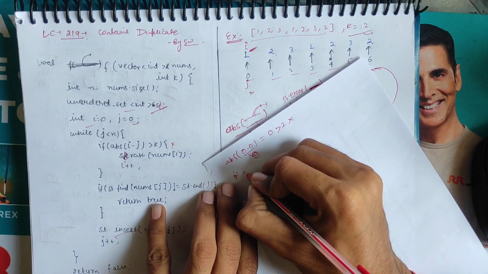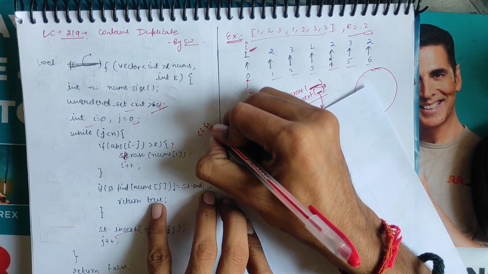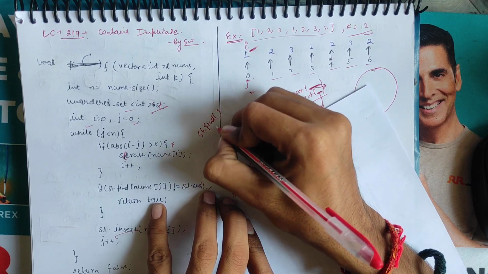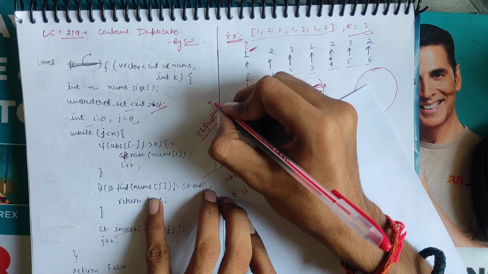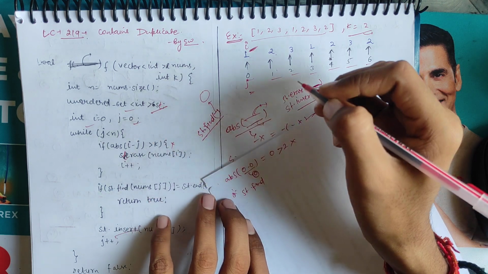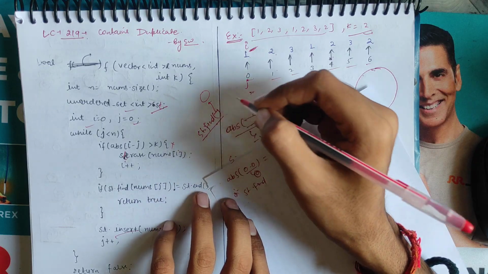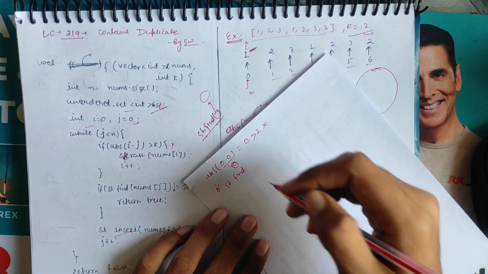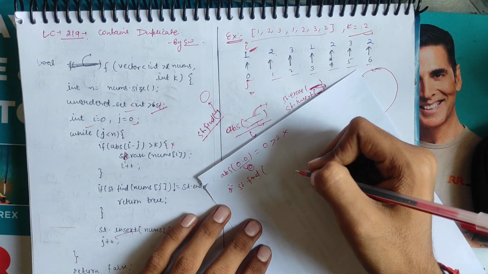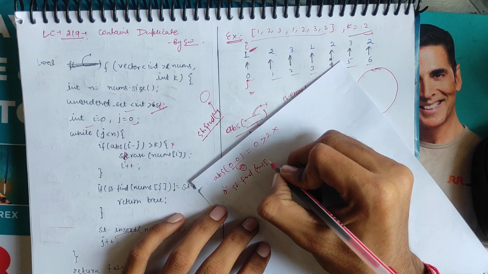Again we check st.find. If st.find is written somewhere, it means we have to check whether this element is present in the set or not. And st.end means the element is not present in the set. So st.find of nums of j.